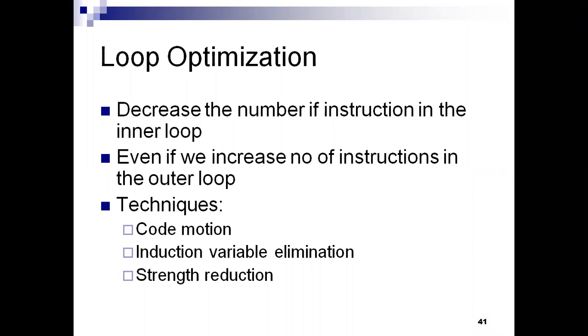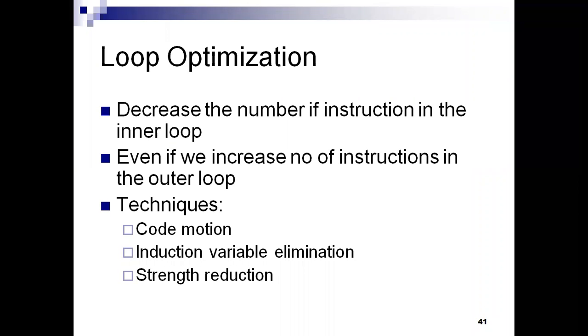In those transformations, we applied the optimization techniques to the expressions in the source code. And here in loop optimization we are applying these optimization techniques to the loops. Make a note of this, for the loops.